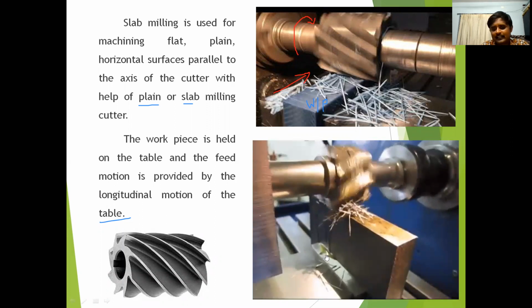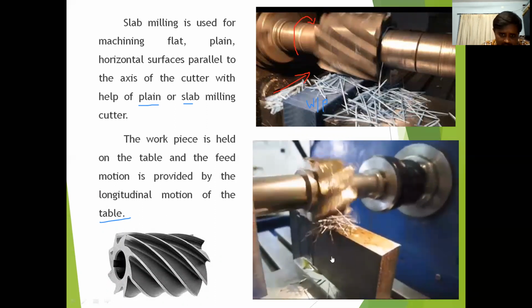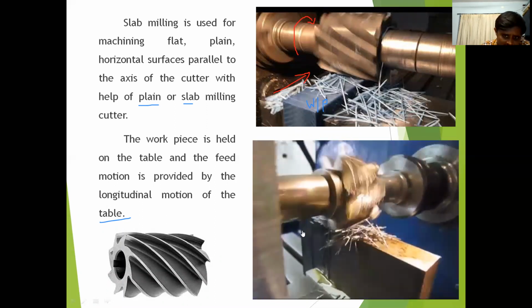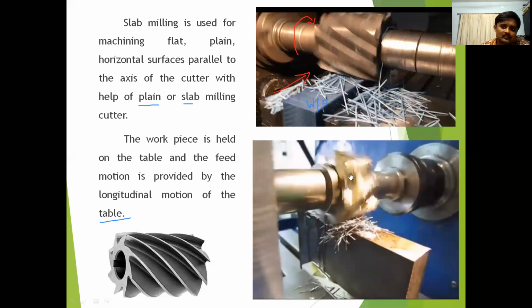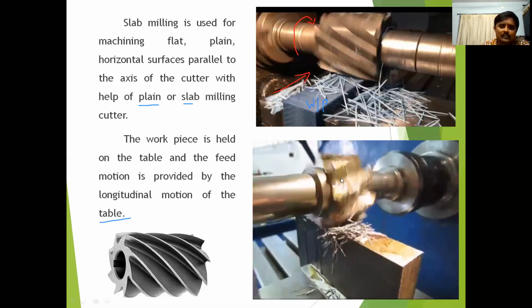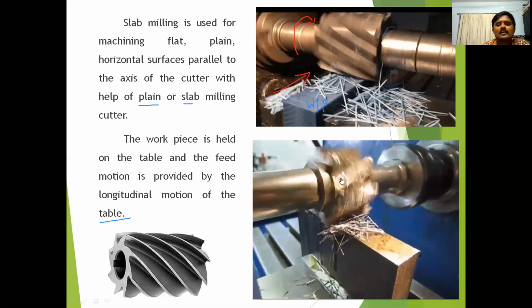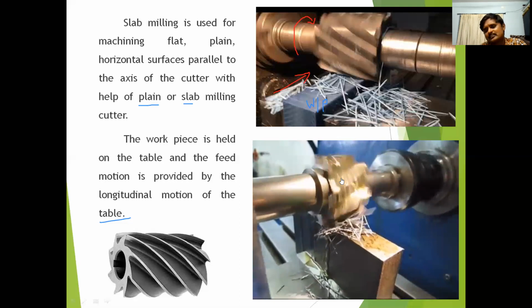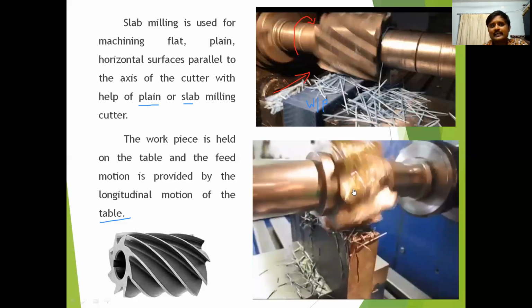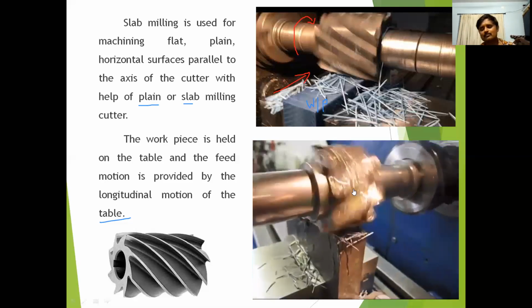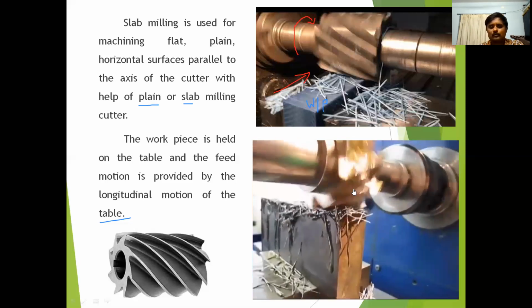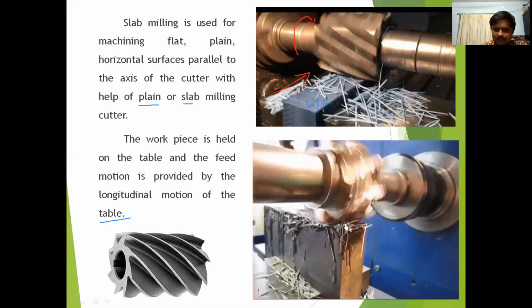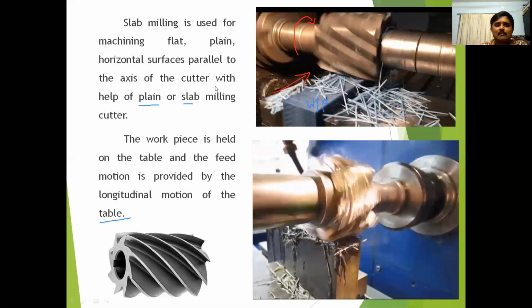We are giving the feeding by moving the work table. You can call this a slab milling cutter, a plane milling cutter, or simply a milling cutter. So in slab milling, the axis of rotation of the cutting tool is parallel to the work surface.